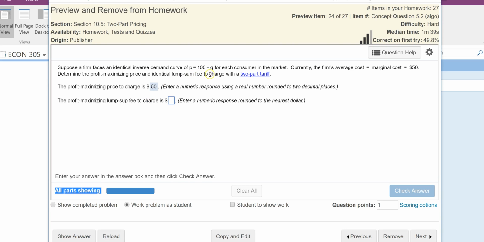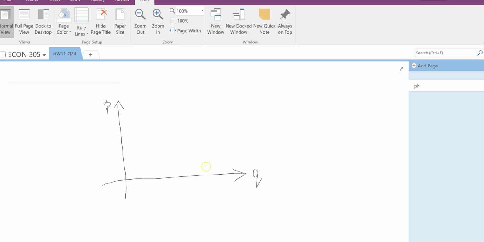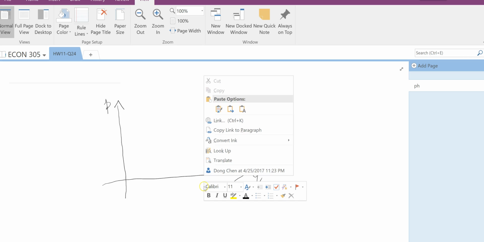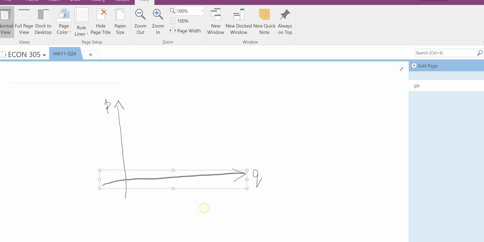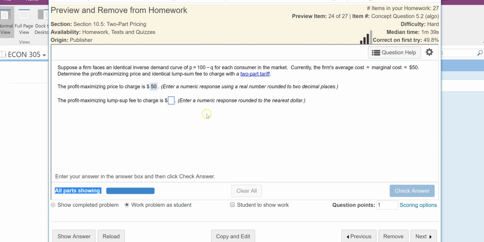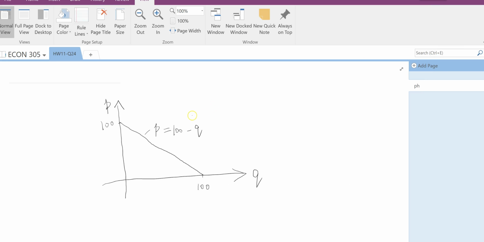It's P equals 100 minus Q. So suppose this is 100 and this is 100. When I connect these two dots, that's basically my inverse demand curve, P equals 100 minus Q.